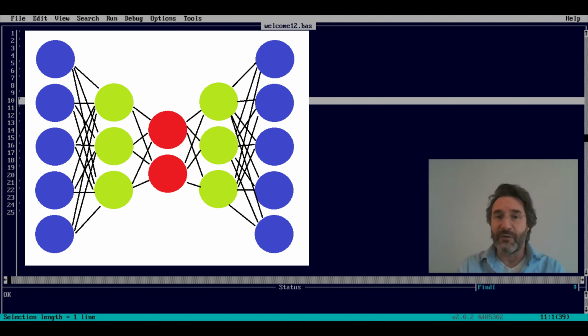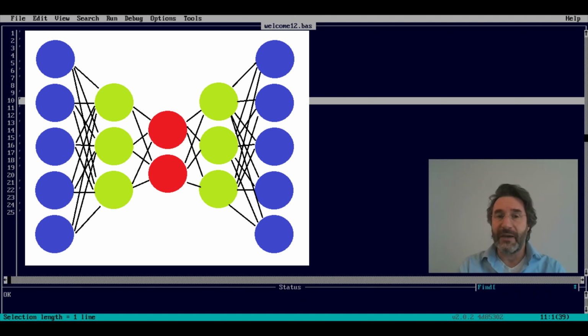So in practice, what we are trying to achieve here is that in the latent space we would like to find the right features that represent the input that you're providing to the network.